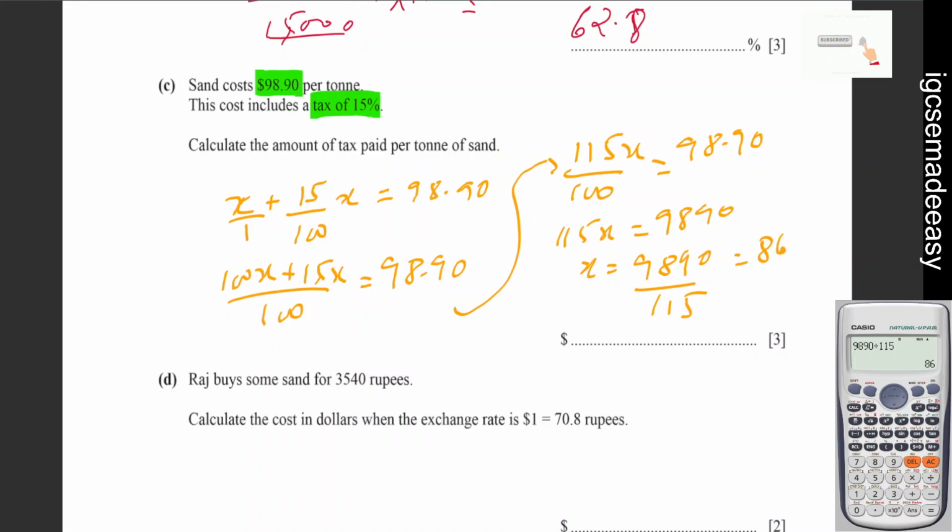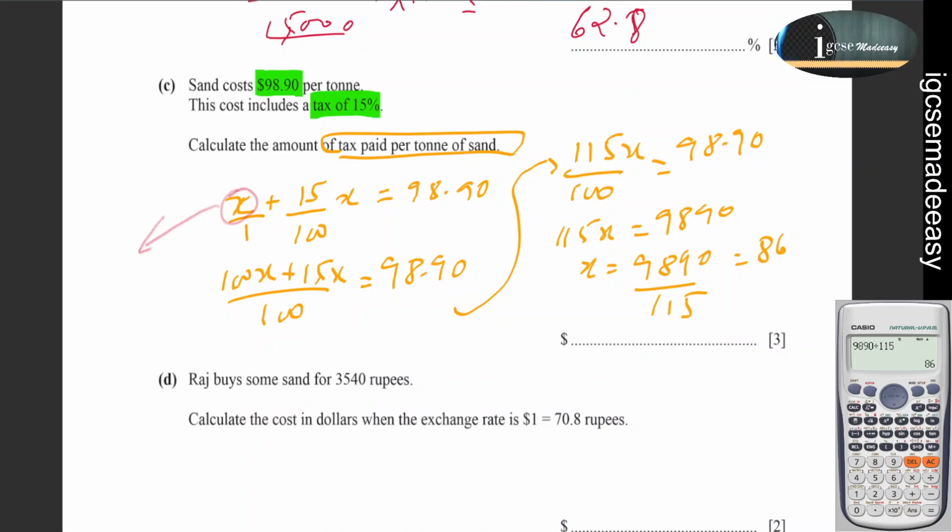So they are asking you to calculate the amount of tax paid per ton of sand. So what is the tax paid actually? The amount that we have got is the amount before tax paid, and after tax paid, this is the amount.